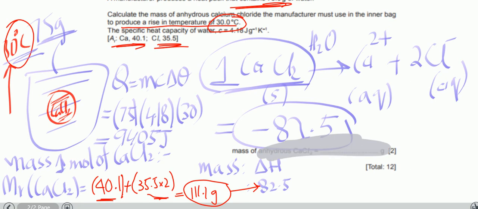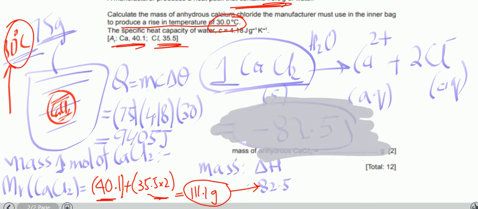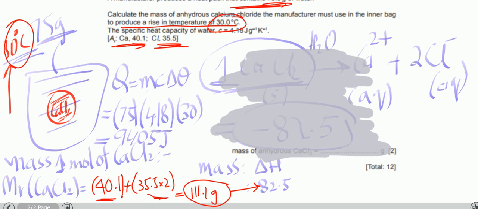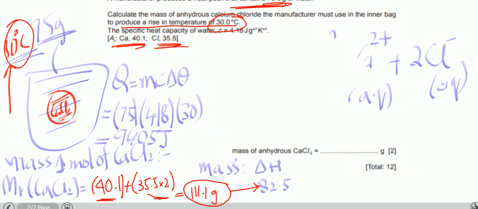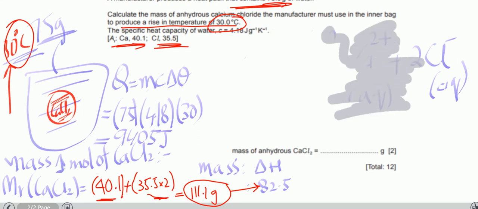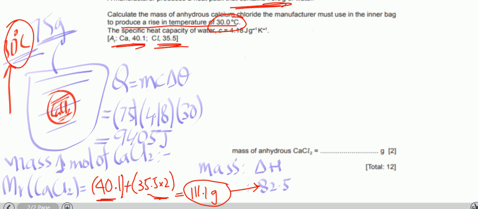Okay, let me clean this up a bit. Now obviously the value is in joules, and when we're doing calculations we use our standard units, so we're going to convert it into kilojoules. So it will be 9405 divided by 1000.